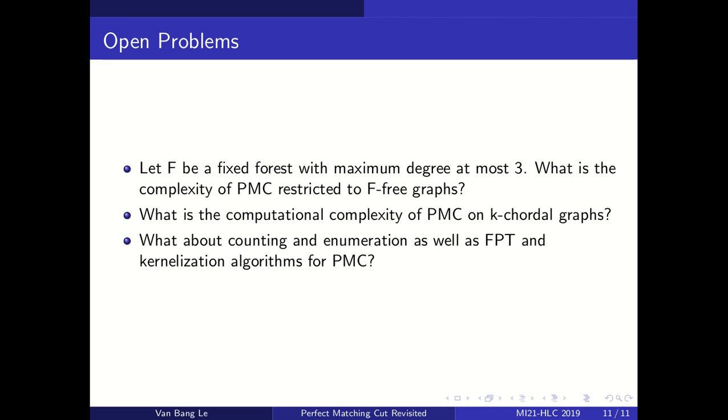We decided that this was polynomial time solvable for a particular small tree T on 6 vertices, and we know that if the tree has a vertex of degree more than 3, then it will be NP-complete. But if we take just a general fixed forest F with maximum degree at most 3, for any such forest, it would be interesting to see what is the complexity of perfect matching cut restricted to such F-free graphs.